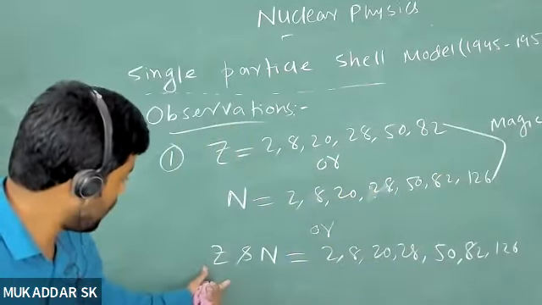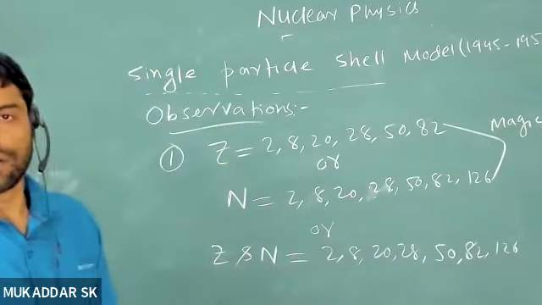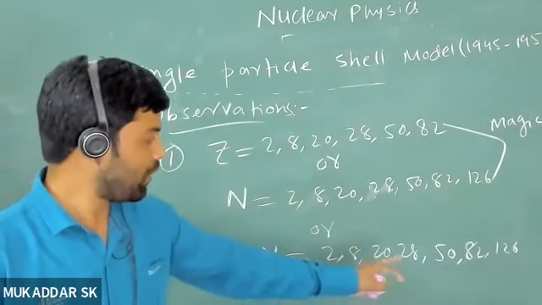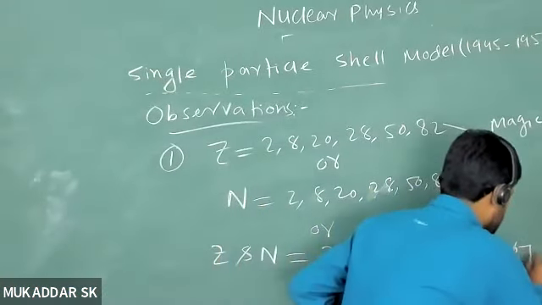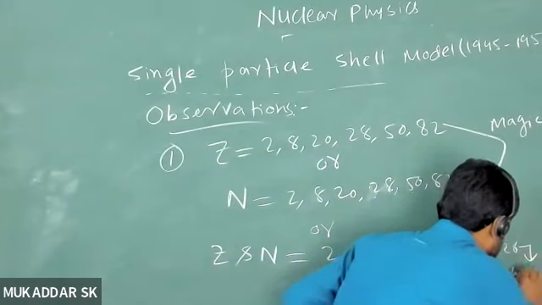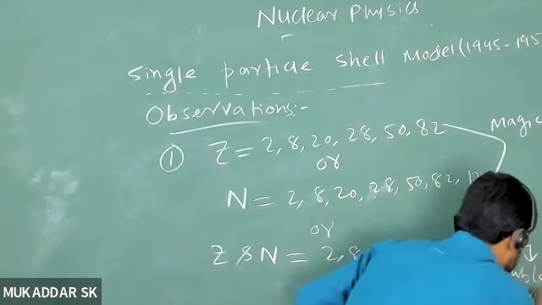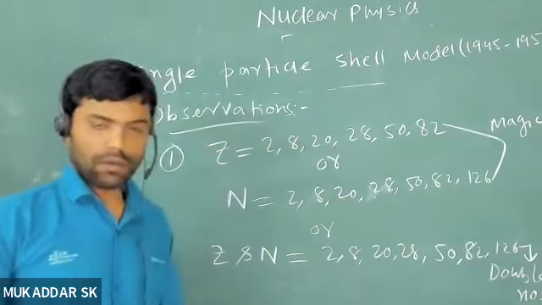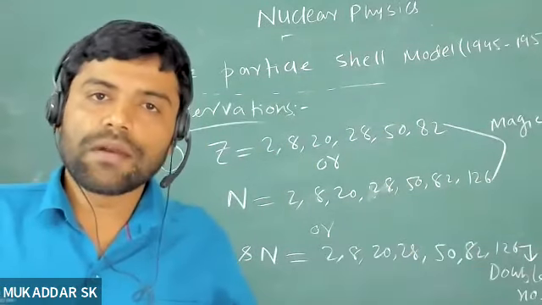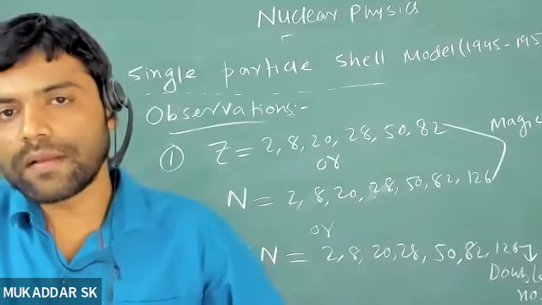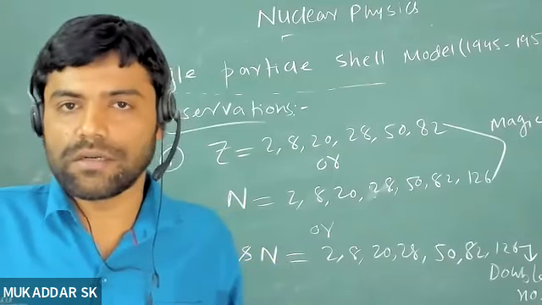But if any nuclei contain both proton and neutron number 2, 8, 20, 28, 50, 82 or 126, then I'll call that a double magic number. So if any nuclei contain a magic number or double magic number, that is observed to be most stable in nature.